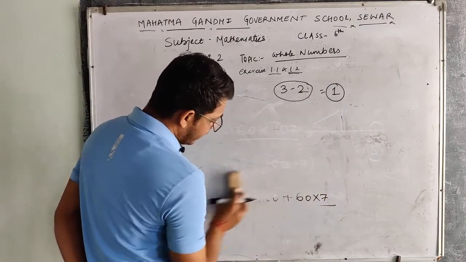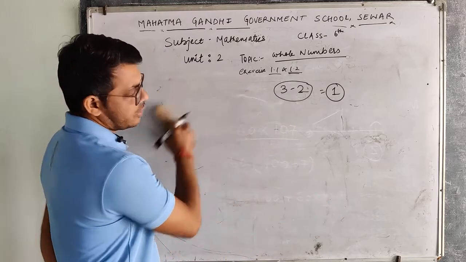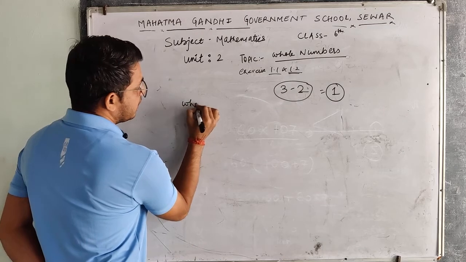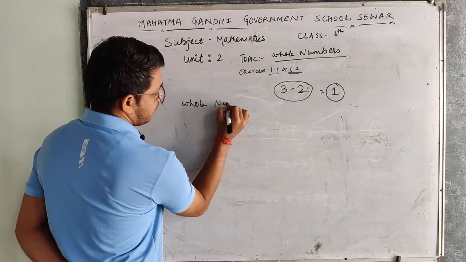Now we know that everything has certain properties, so whole numbers have certain properties.